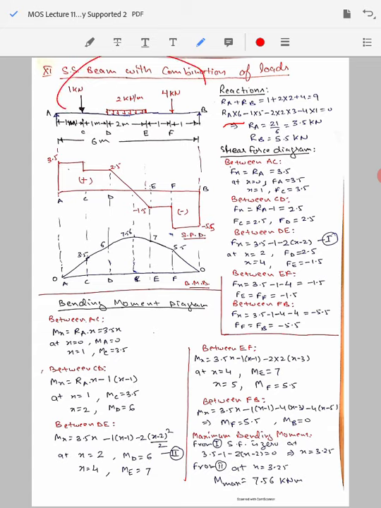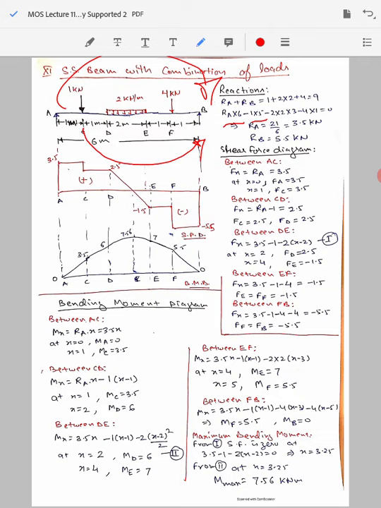So this support reaction multiplied by the distance will give us the moment which is acting in a clockwise fashion. Then we have the point load 1 causing a moment in the anti-clockwise fashion. So it is acting at a distance of 5 meter from the support B. So we get the term here 1 into 5.